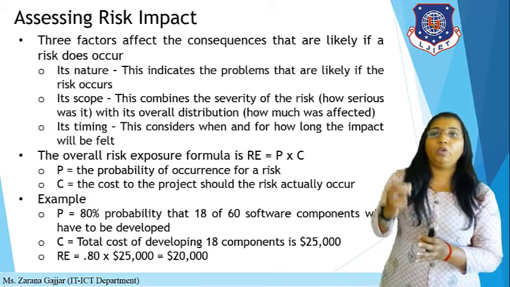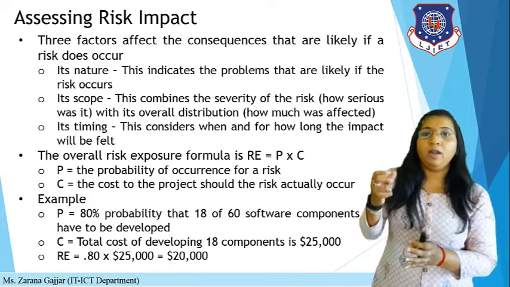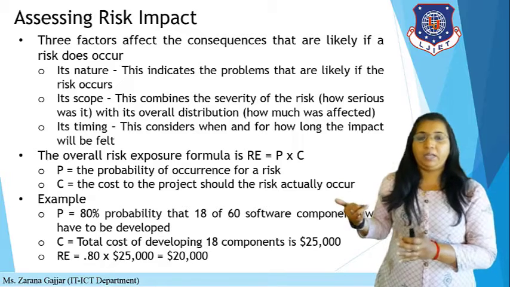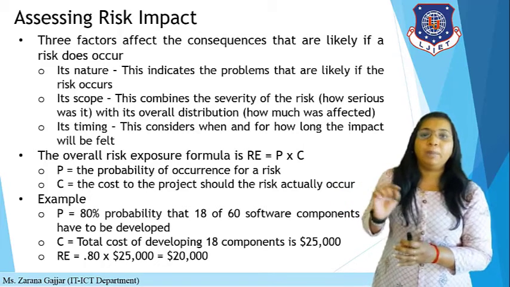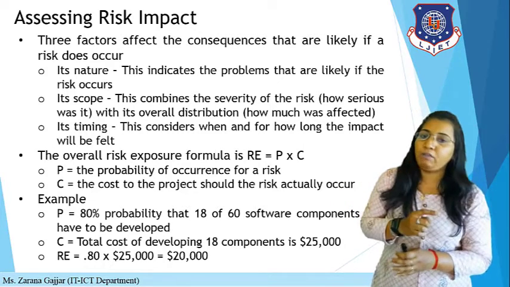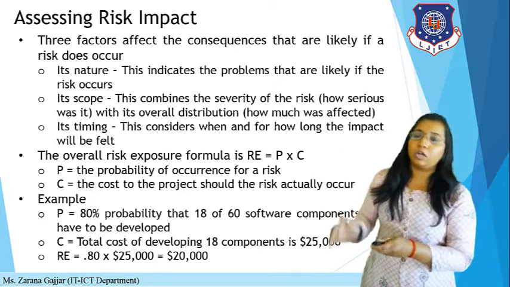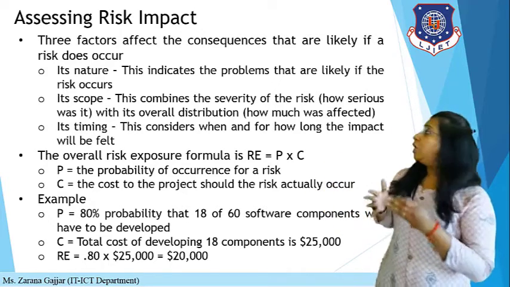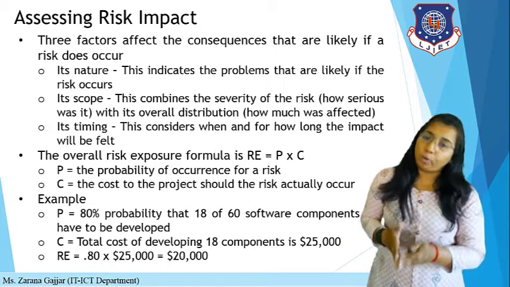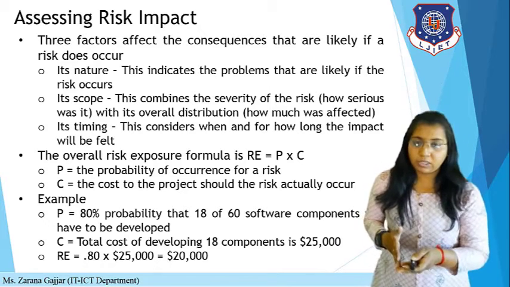Now you have to calculate the risk exposure by probability, that is 80%, means 0.80, multiplied by the cost, that is 25,000. So $20,000 is your risk exposure. This is for the risk projection, meaning risk estimation.